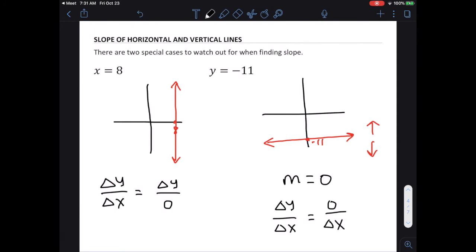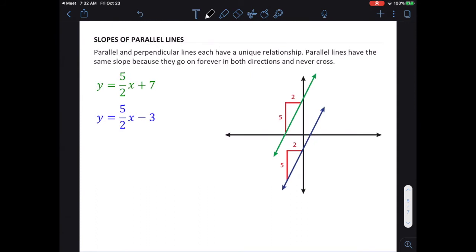So since we can't divide by 0, what we have to say is that the slope of this equation is undefined. All right, so these are two special cases that you want to look out for, and it should be something that we just memorize over time. Anytime I see an x equals, I know immediately it's undefined, and a y equals, I know the slope is 0.